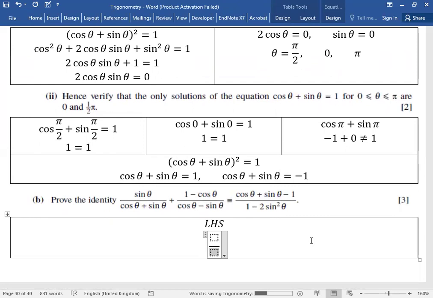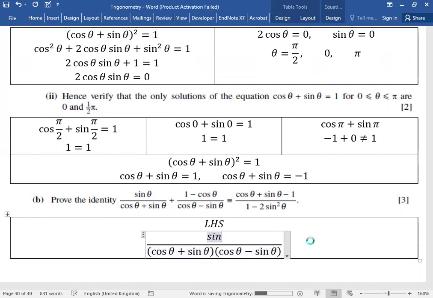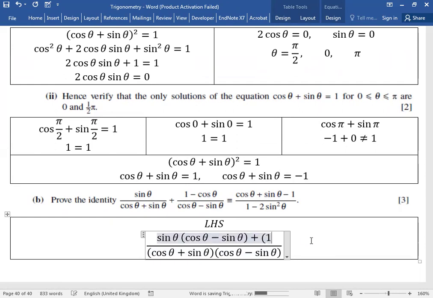Then LCM: cos theta plus sin theta, cos theta minus sin theta. Sin theta multiplies by cos theta minus, and plus 1 minus cos theta multiplies by cos theta minus, sorry, plus sin theta.